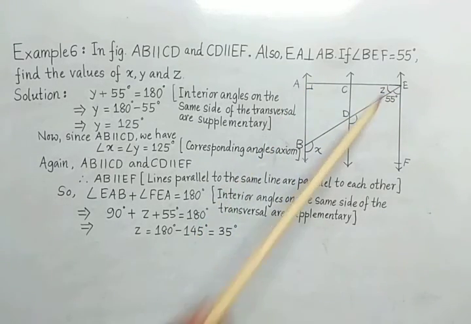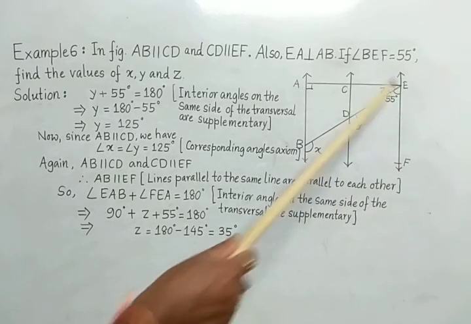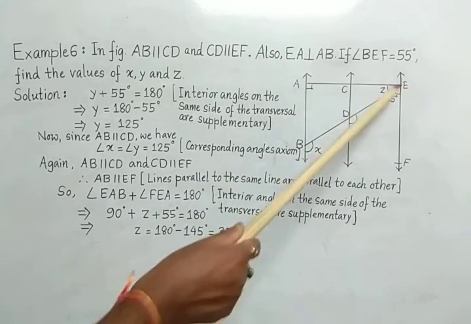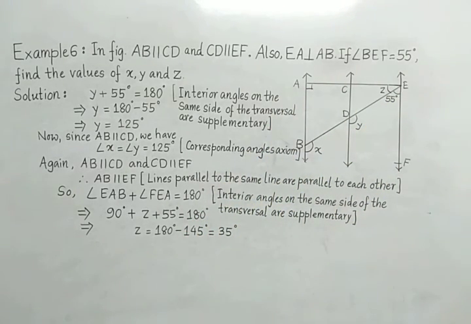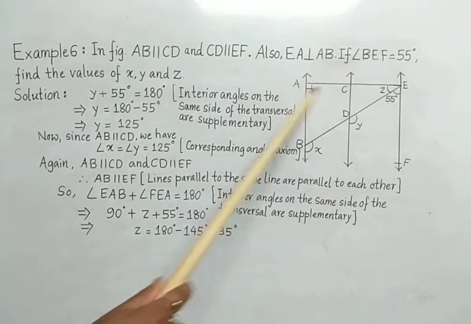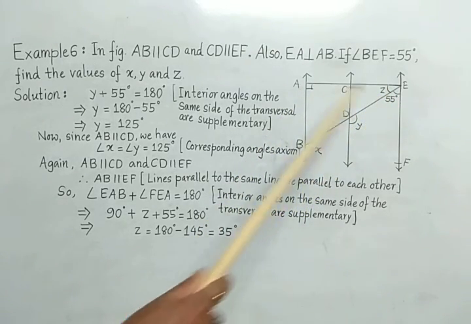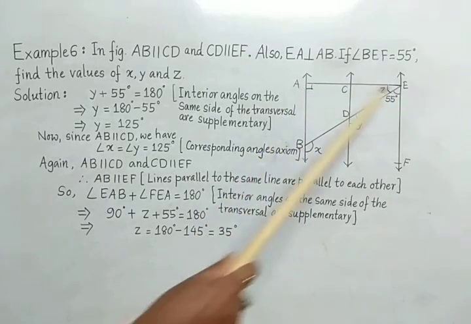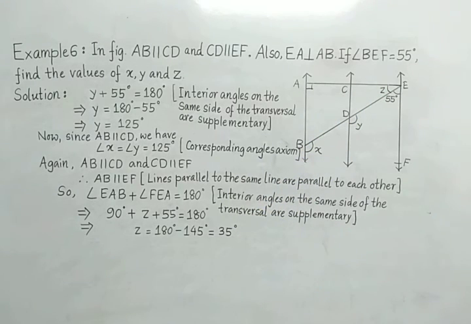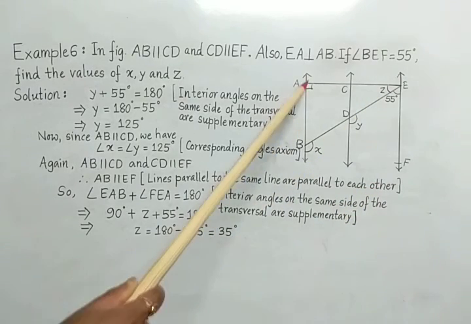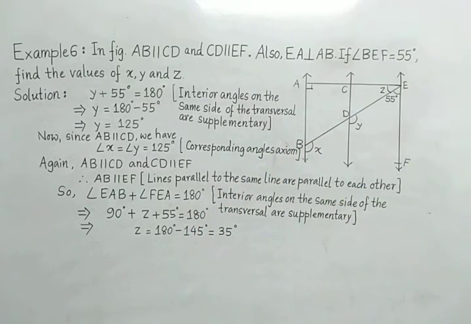If we consider AE as the transversal, then angle FEA and angle BAE will be supplementary because they are lying on the same side of the transversal. They are also interior angles because they are lying in between AB and EF. So by the theorem that interior angles on the same side of the transversal are supplementary, we can say that angle FEA plus angle EAB will be equal to 180 degrees.